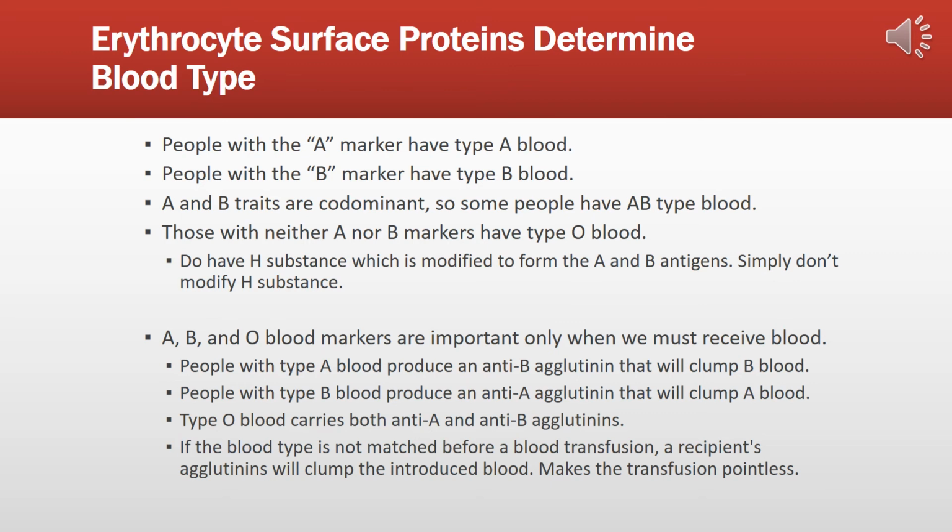And the opposite happens in people with B-type blood when they receive A-type blood, because the anti-A agglutinin causes the A-type blood cells to clump. And people with O-type blood carry both the anti-A and the anti-B agglutinins, such that they can't accept type A or type B blood. However, people with type A or type B or type AB can accept O-type blood.